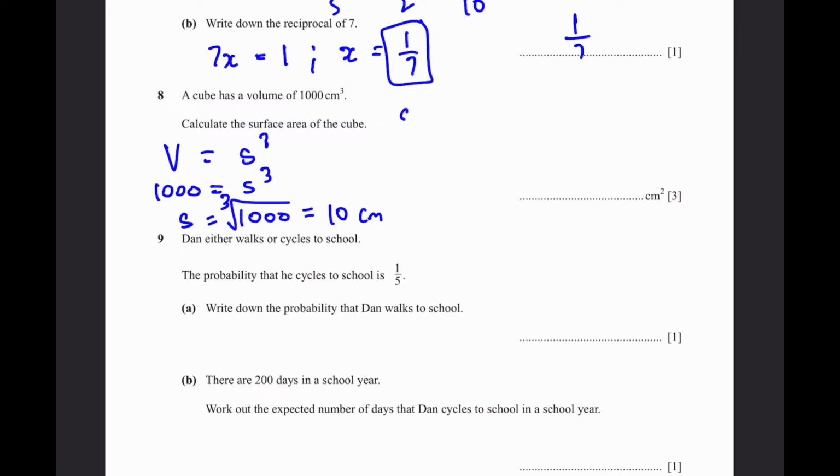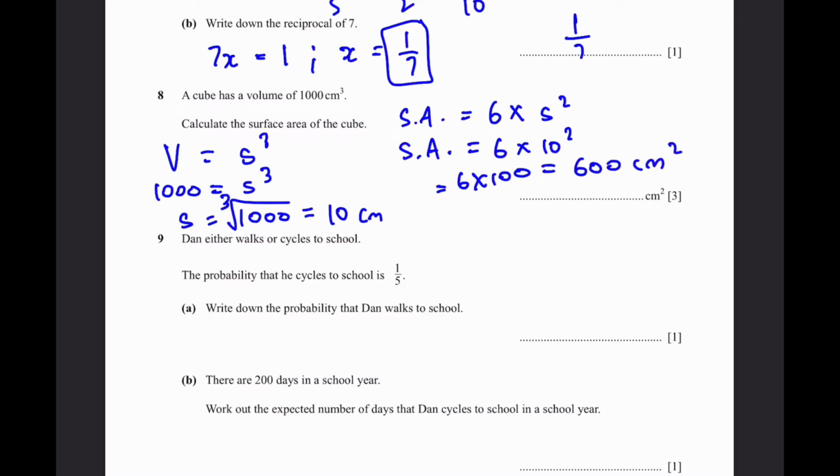And the surface area, I'm going to write as SA, is equal to 6 times the side squared. And so SA is equal to 6 times 10 squared, which is equal to 6 into 100, which is equal to 600 centimeters squared. That's the surface area of this cube.